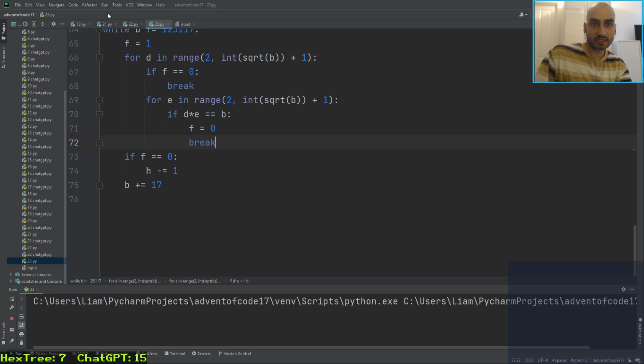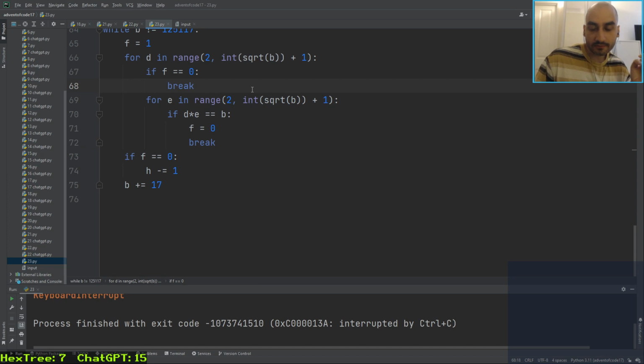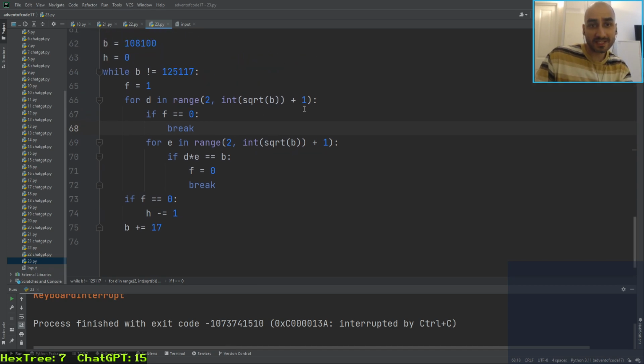So that cuts down the range quite a bit. And we don't need E. What we need is just a single loop.